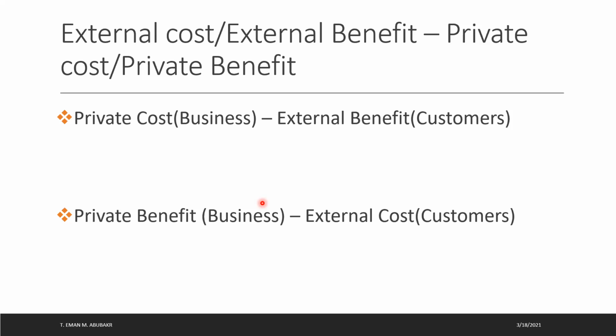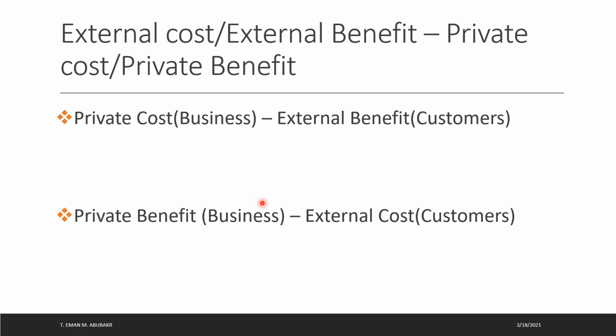Okay, so let's go back to what we need to know. Now you can see there's an example that you can have in your book just to add to your case study. Here on page 86 is the same example of external and private sides.